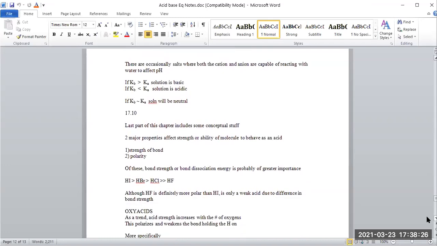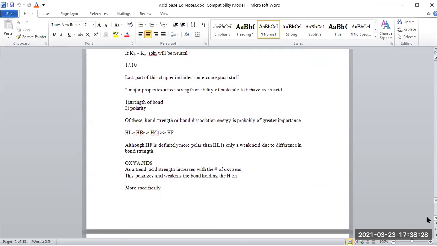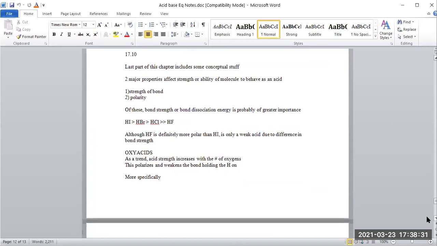All right, moving on to the last couple of topics then in the chapter. So one of the things that allows you to have a level of prediction in terms of behaving as an acid. How strong is the bond? Basically, how easy is it for you to tear off the hydrogen so that it can go react with something else?